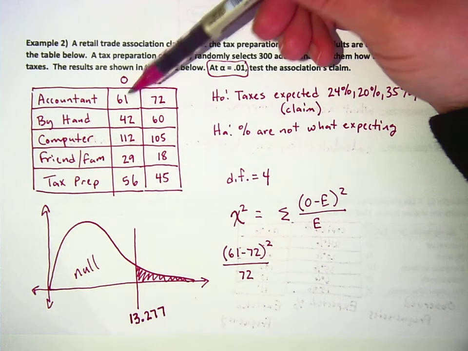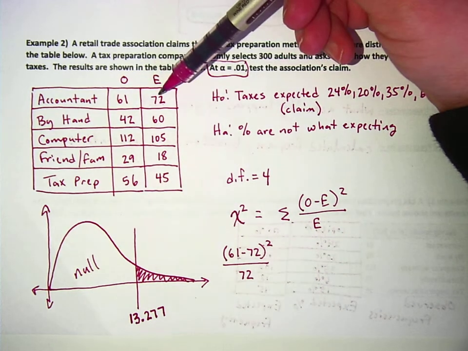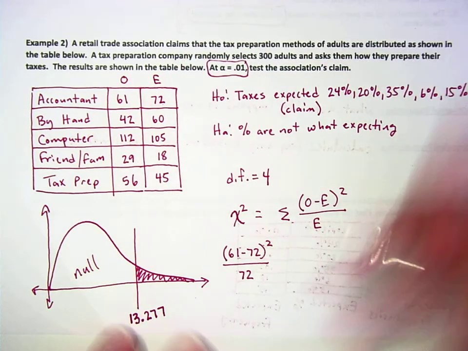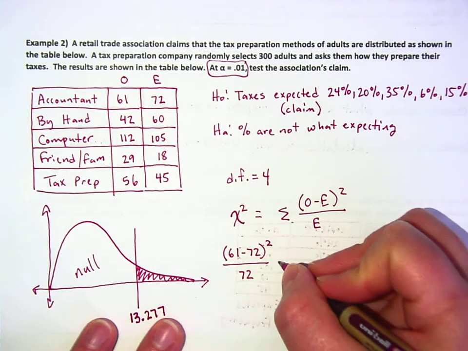So that was the observed for accountant minus the expected for an accountant, squared, divided by the expected.